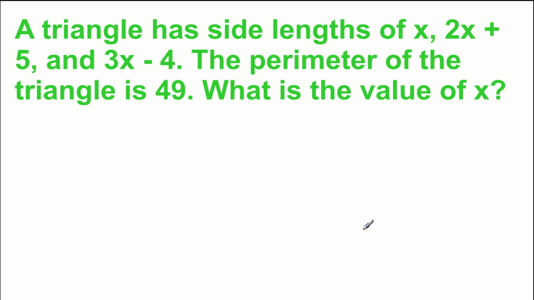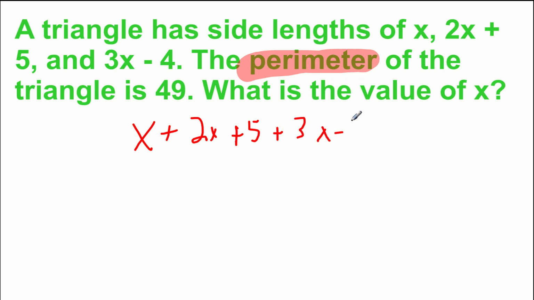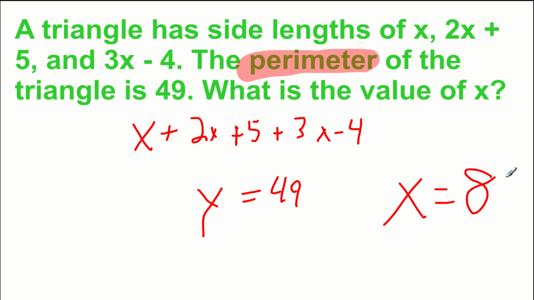Brian, what you got? 8. All right, so when you have perimeter, it's 8.